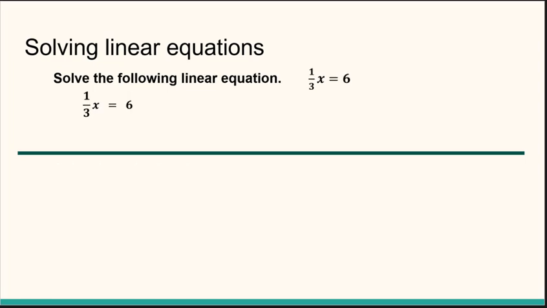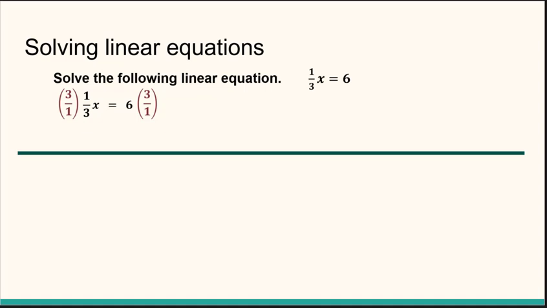So let's solve the following linear equation. Let's do something with fractions because those are always tricky too. So if I have negative 1/3 times x equals 6, I'm going to divide by negative 1/3. Now, when you divide by a fraction, what do you do? You flip and multiply. So I'm going to divide by 1/3, but that just means that I'm going to flip and multiply.